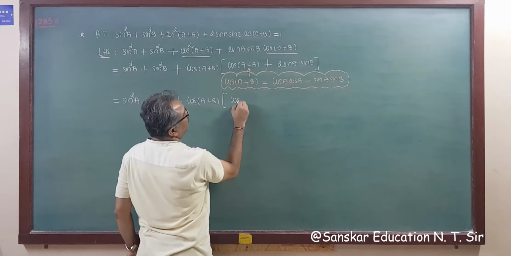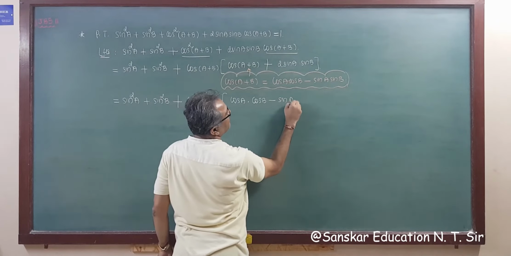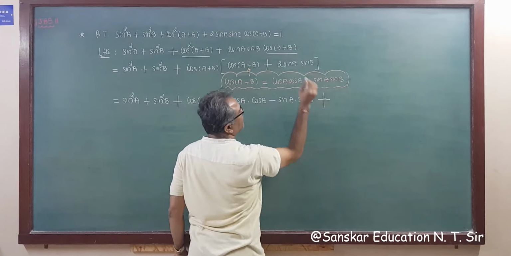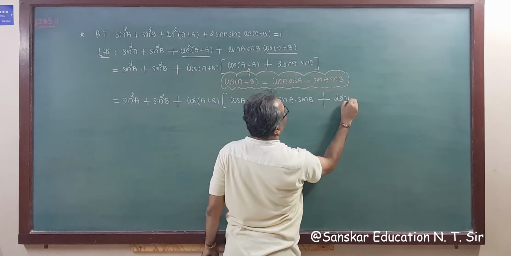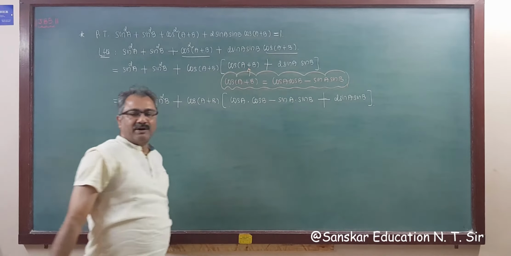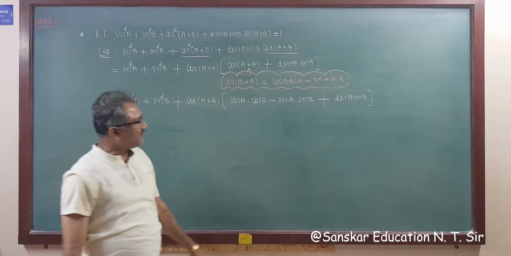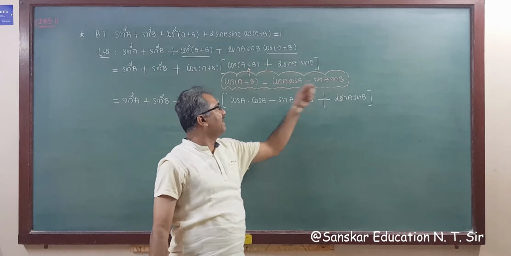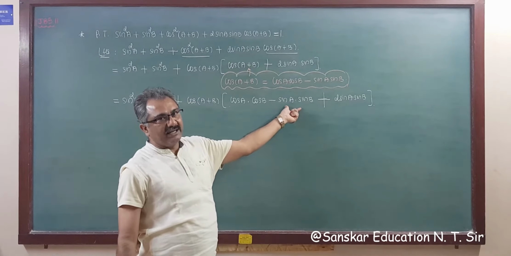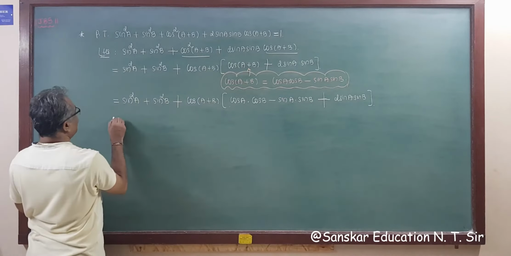So applying this: cos a cos b minus sin a sin b, and plus this 2 sin a sin b. So now the idea is finished. Then observe. This is 2 times sin a sin b and this is sin a into sin b. So 2 minus 1 is plus, right?